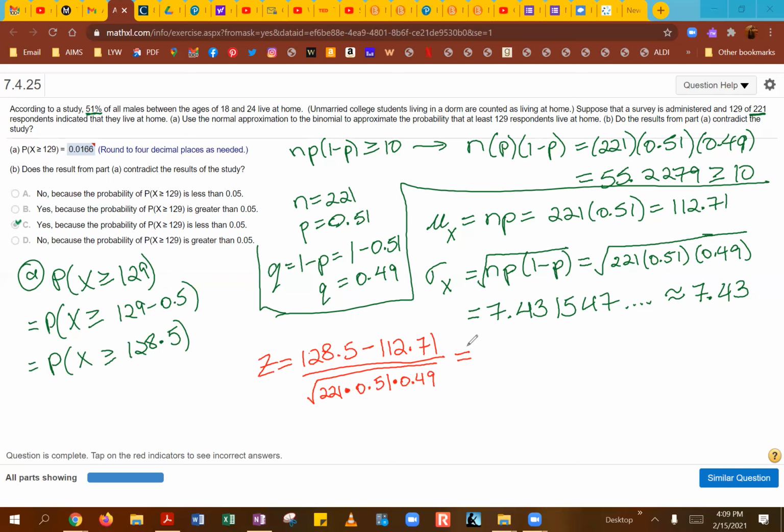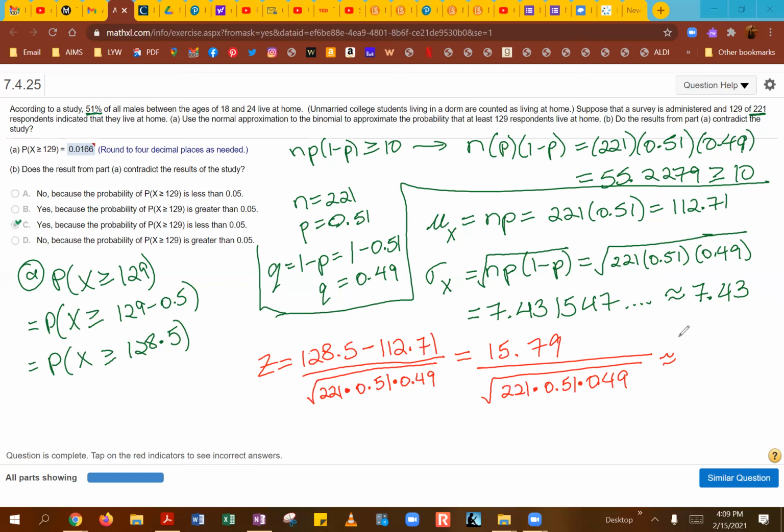So let's go ahead and subtract our numerator, 128.5 minus 112.71, which will end up giving us 15.79, and then you can go ahead and divide it by this standard deviation. Let's see what this comes out to be.